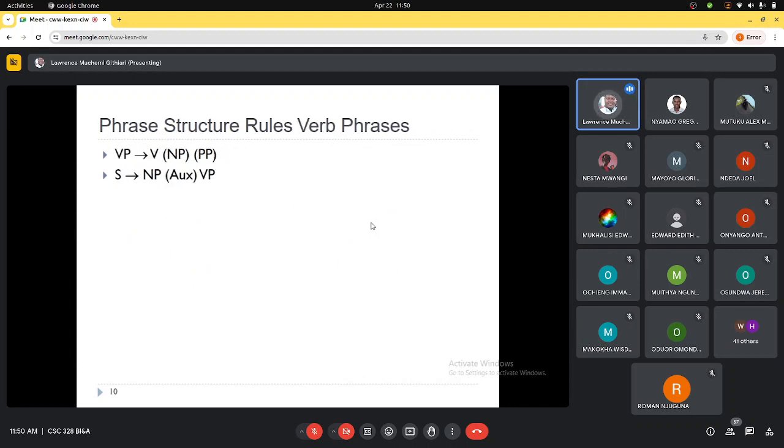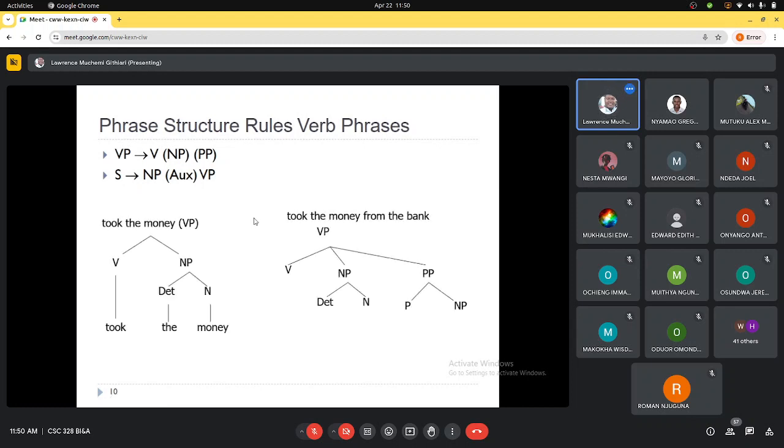Then the phrase structure rules for verb phrases. You can show something like this. Verb phrase is equal to a verb, like what you have here, a verb plus a noun phrase.